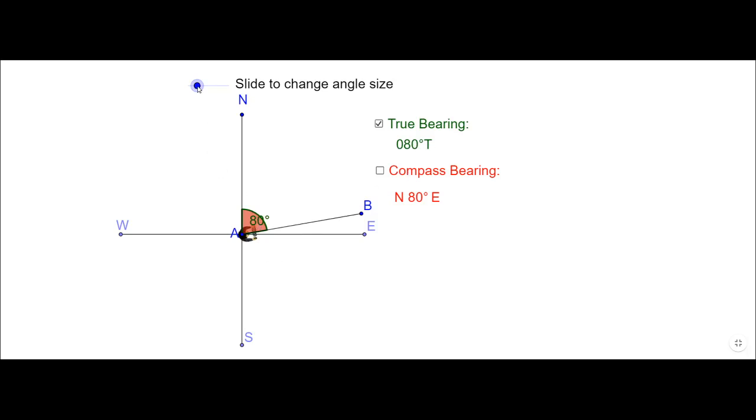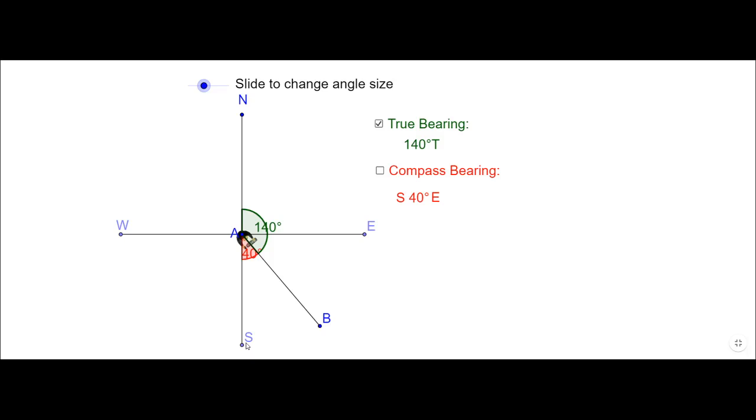Now, if you slide to the second quadrant, this angle here, from here up to this point, we call it the true bearing. In this quadrant, compass bearing is measured from the south, because we said compass bearing is measured both clockwise and anti-clockwise, and from both the south and the north.